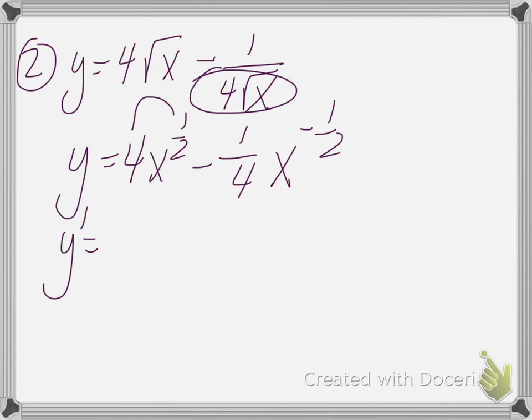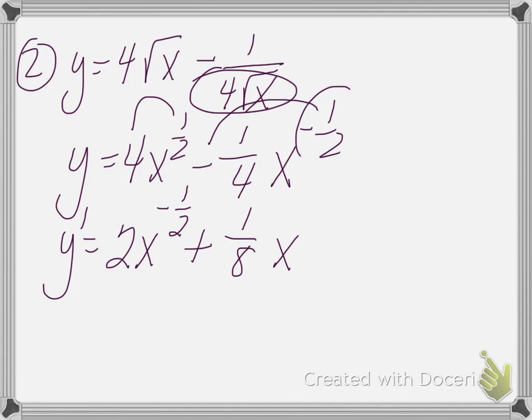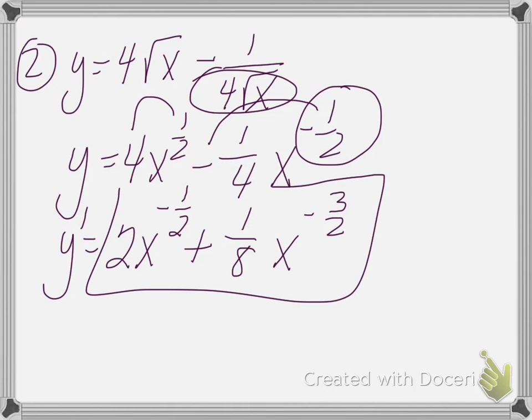Okay, bring down this 1/2 and multiply it by 4, so you're going to get 2x to the -1/2. Now you're going to take this -1/2 and multiply it by -1/4. So you get positive 1/8x, and then this -1/2 minus 2/2 is a -3/2, and that was the answer.